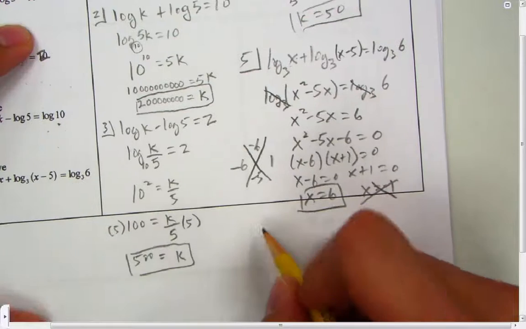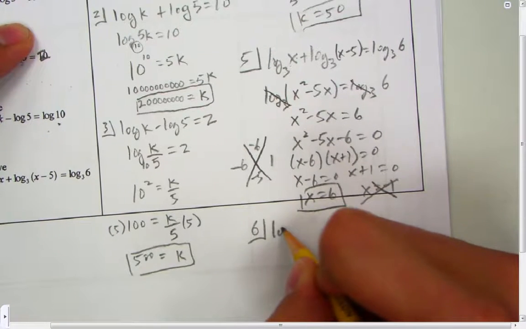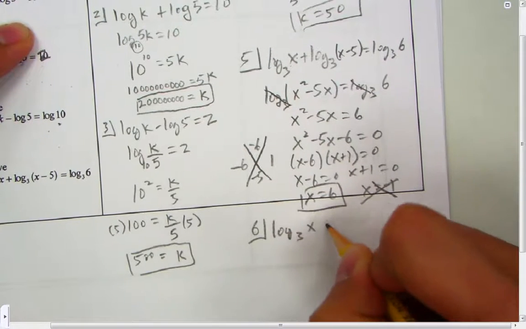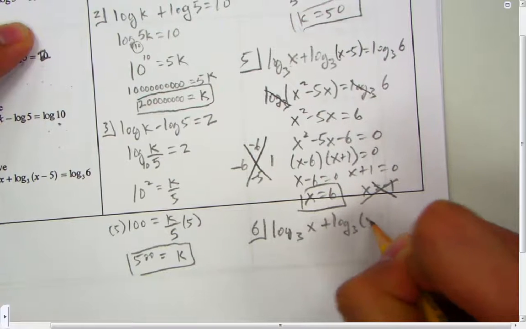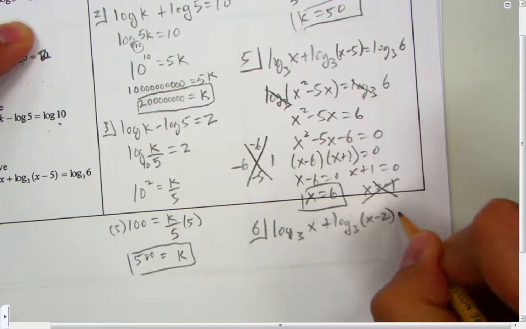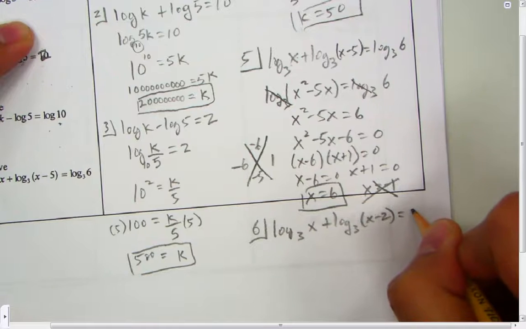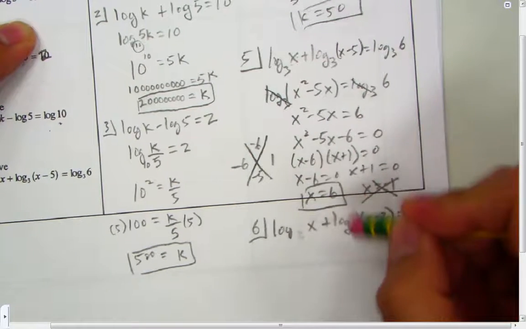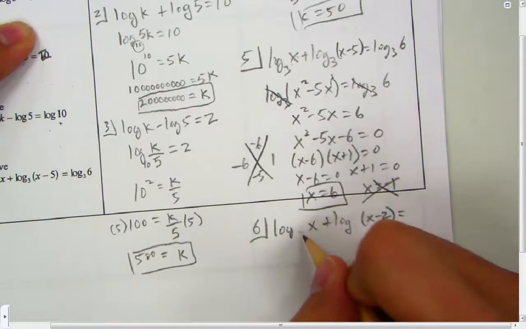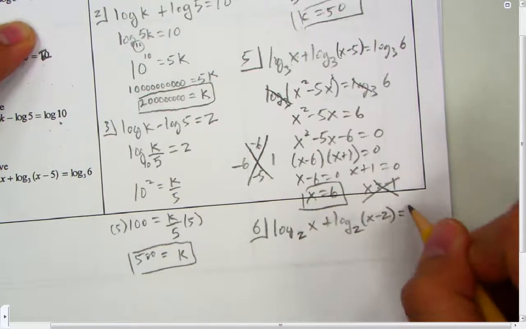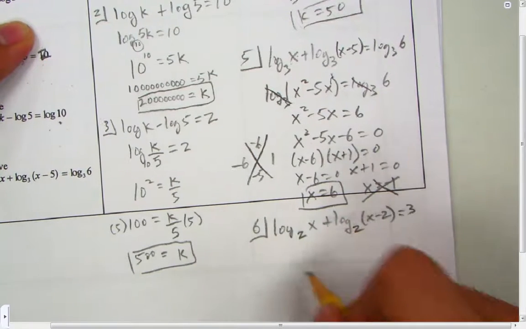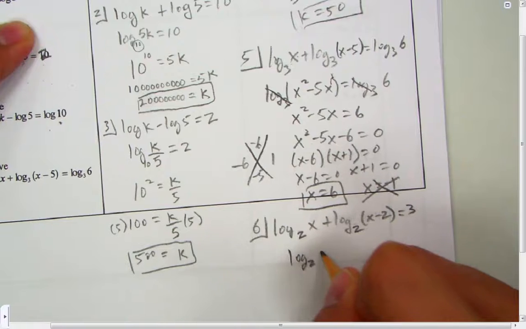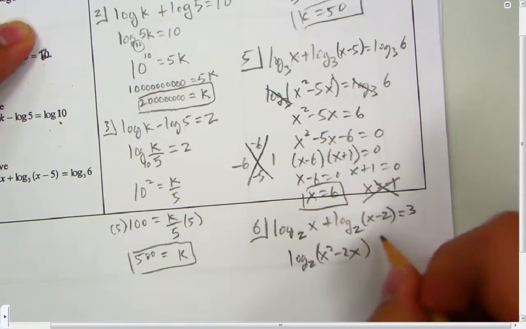The last example, example number 6, log 3 of x plus log 3 of x minus 2 equals, actually the base, sorry, we go ahead and change that to 2 equals 3. I'm going to condense these, so this is log 2 of x squared minus 2x, because I multiply, equals 3.